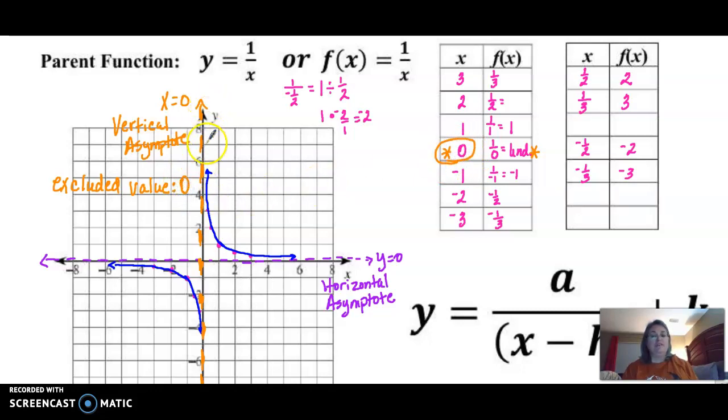X cannot be 0. If you think about our domain, when we write the domain of a graph, our domain in this case would be all x values not equal to 0. Every other x value is a good x value. Only this one isn't. And it's always whichever one that vertical asymptote is. Your range would be all y values except y equal to 0.